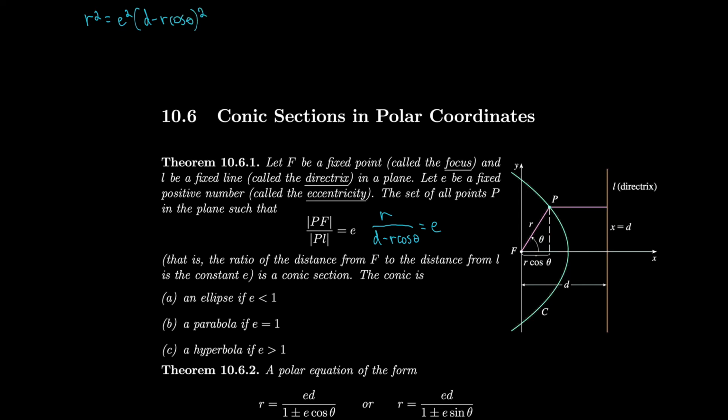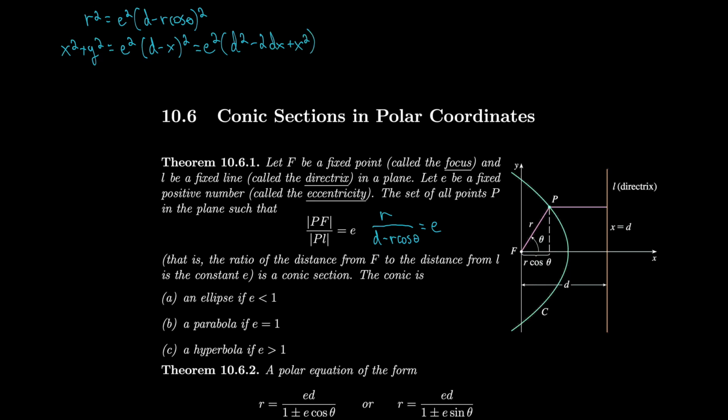And then we can convert to rectangular coordinates: r squared is x squared plus y squared. e is just a constant, so it stays e squared. And r cosine theta is x, so this becomes d minus x squared. So we can expand that and we get e squared times d squared minus 2dx plus x squared.